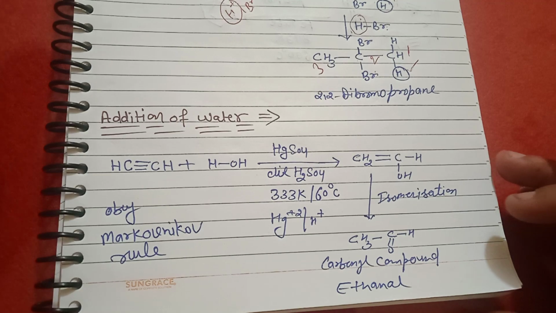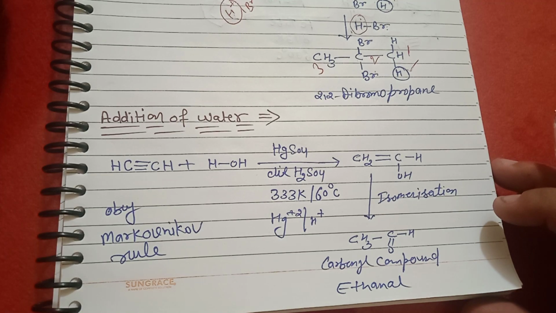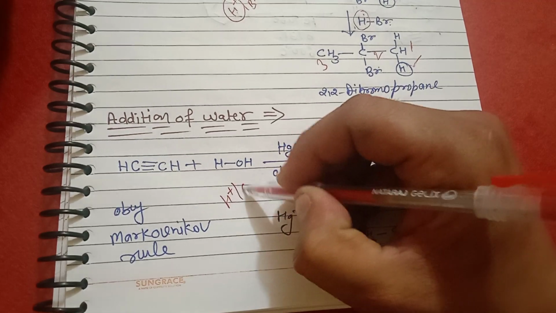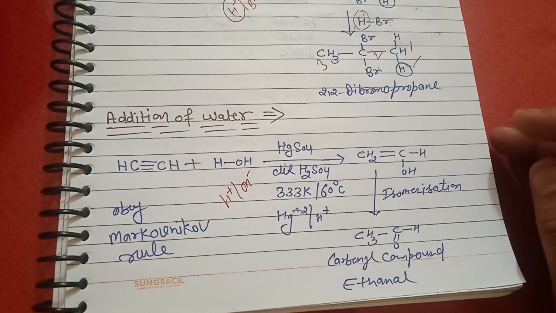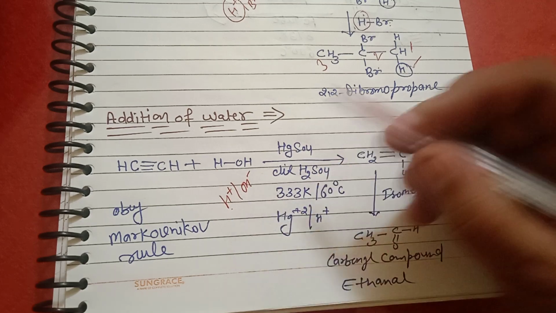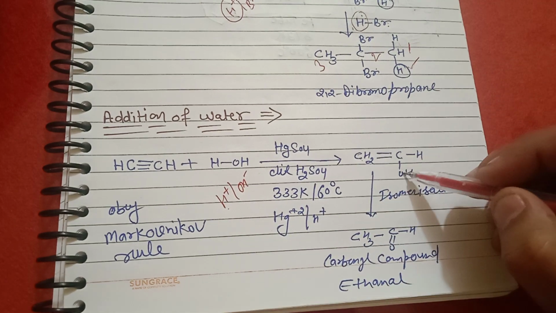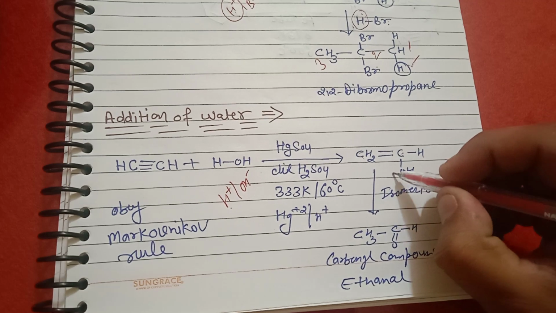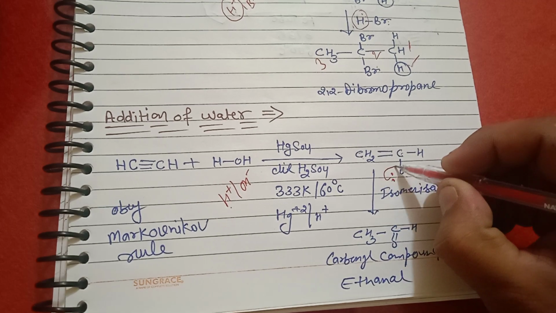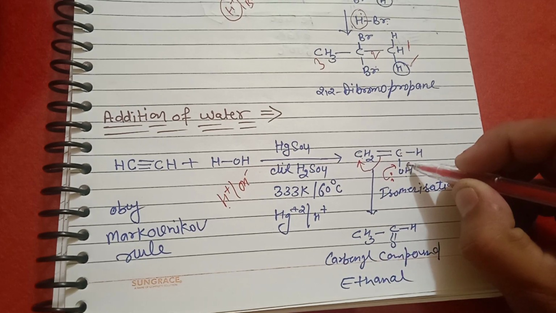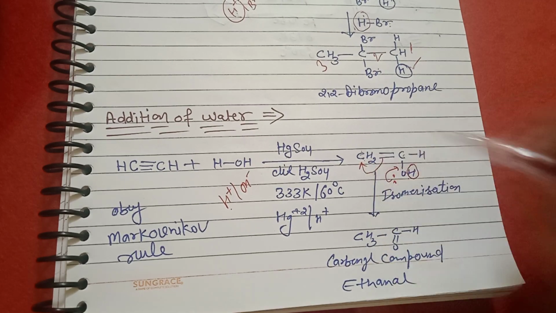Another reaction, addition of water. Water breaks into H positive and OH negative. So H positive is combined here and OH negative is combined here. Due to tautomerization, this electron goes here and this electron goes here, so this H positive is displaced.